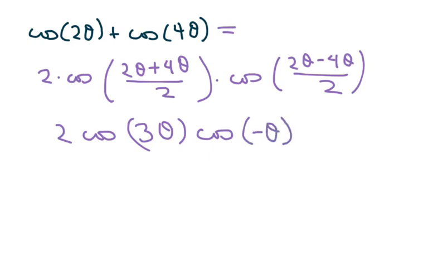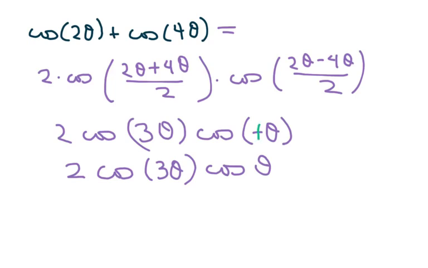Again, since cosine's an even function, we're going to go ahead and just take that negative out because it's the same value because we're in quadrant 1 and 4 for cosine. So it's just theta. So basically on the even properties identities, you can just take that out.